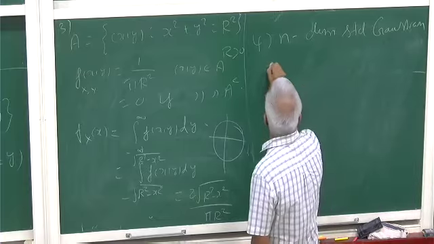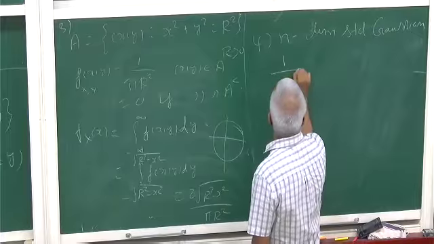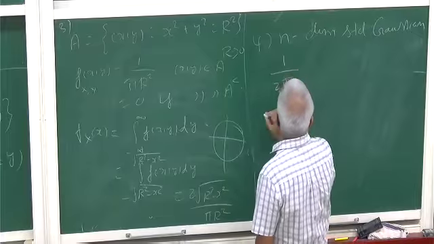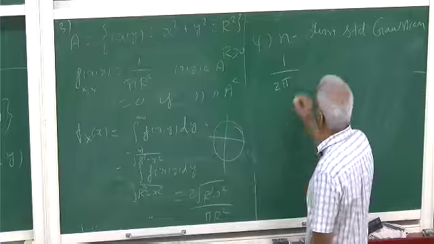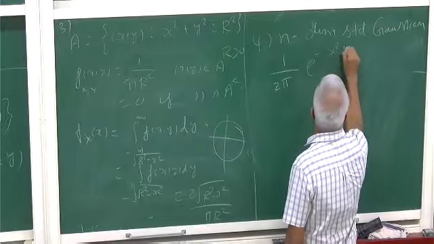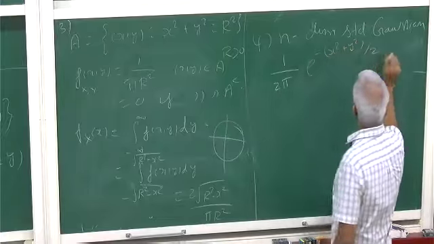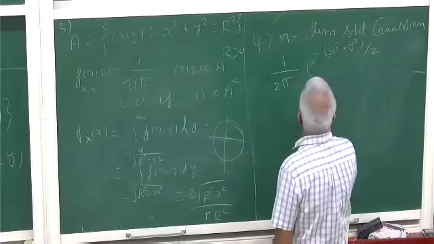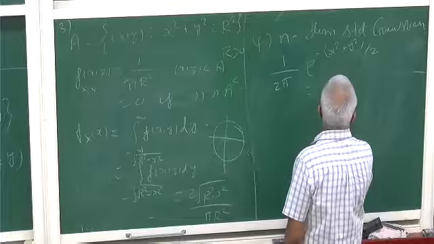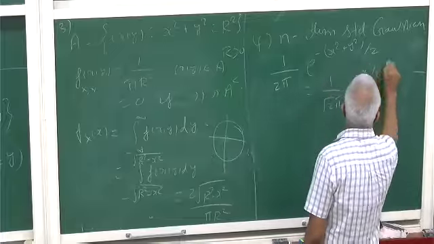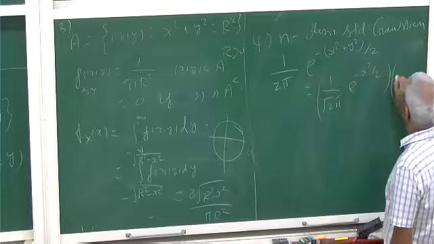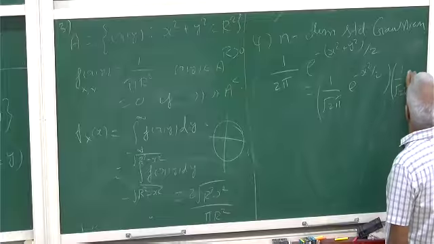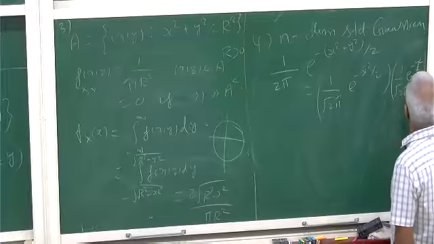So that is just 1 by 2 pi e power minus (x square plus y square) divided by 2. This is for two dimensions I'm writing first. This is equal to 1 by square root of 2 pi e power minus x square by 2, times 1 by square root of 2 pi e power minus y square by 2.